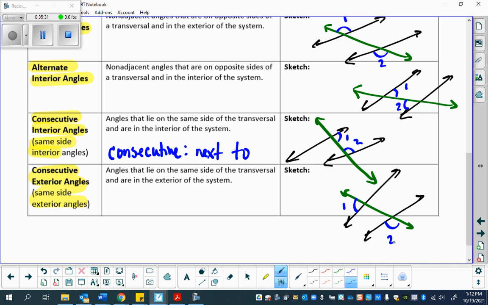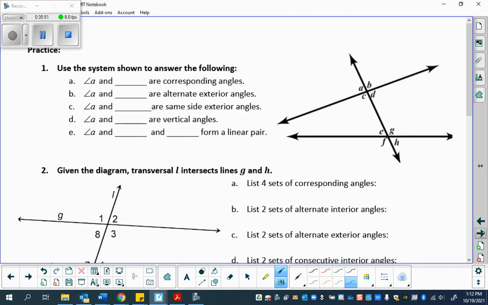What are these guys? Vertical. What are these guys? Adjacent, supplementary, so they are a linear pair. Very nice.